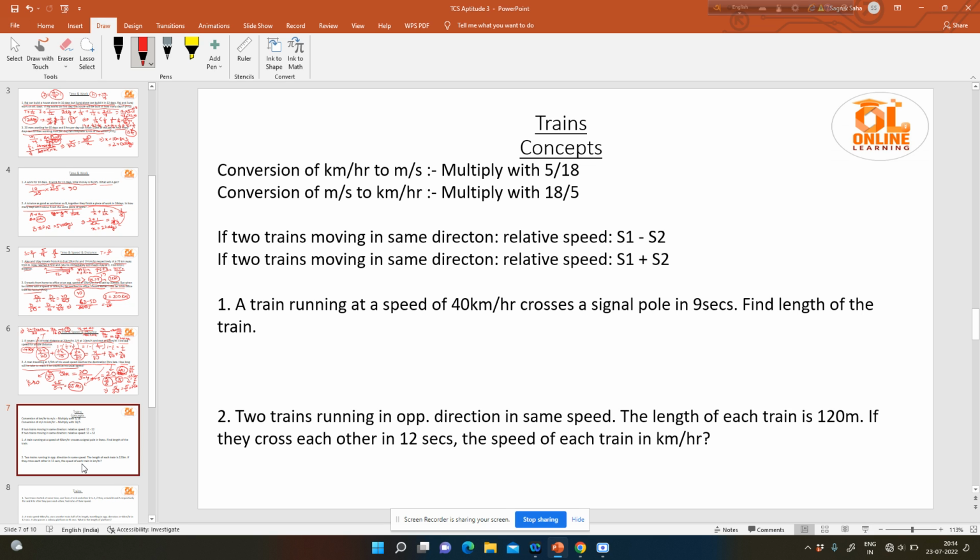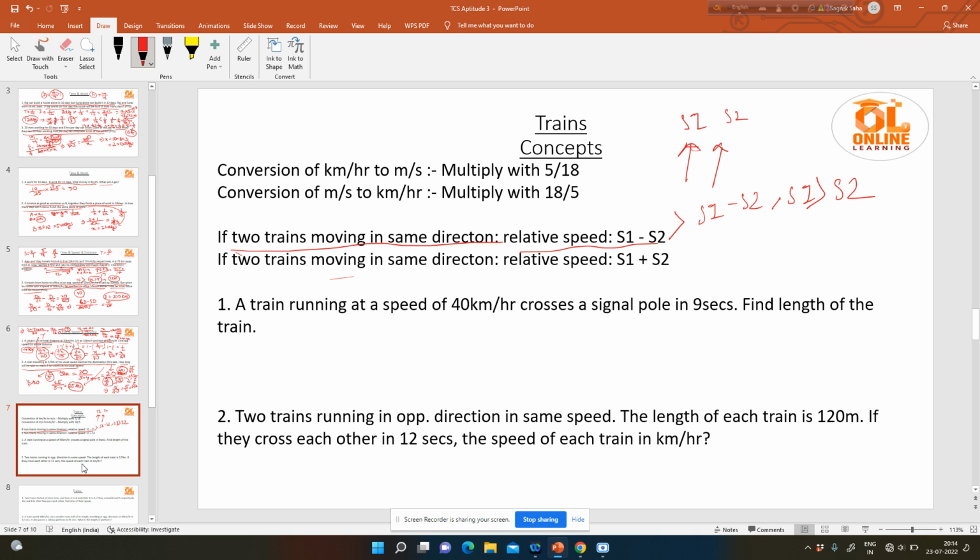And one more thing you have to know: if two trains are moving in the same direction, the relative speed would be s1 minus s2. If the first train's speed is s1 and the second train's speed is s2, and they are moving in the same direction, we have to subtract, that is s1 minus s2, when s1 is greater than s2.